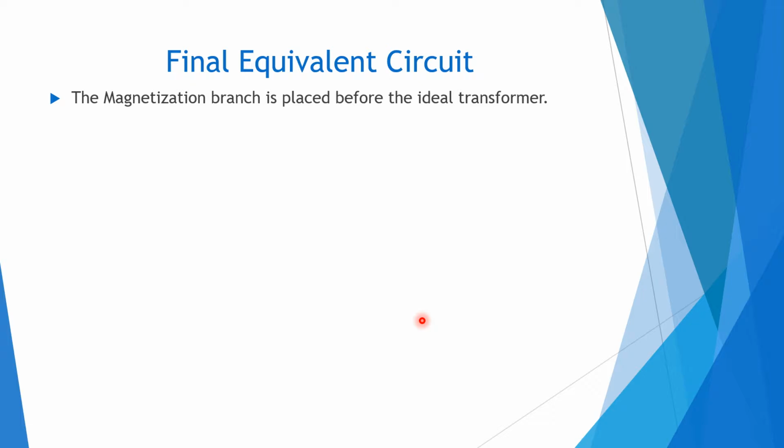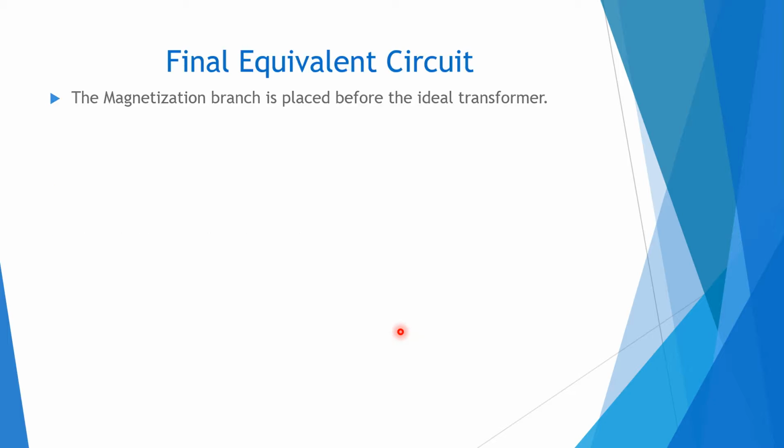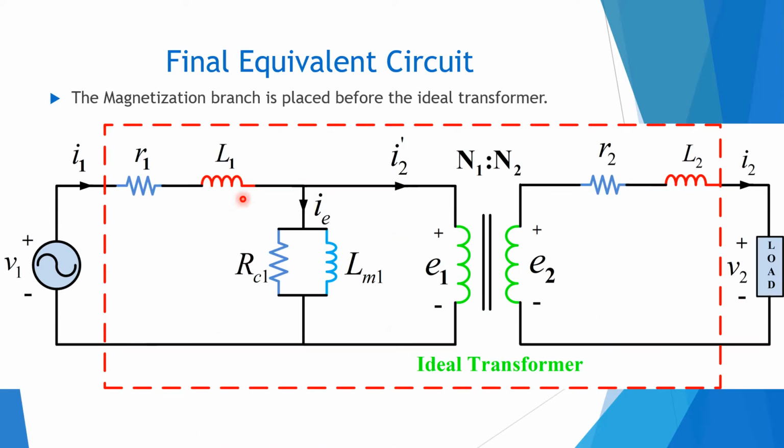To account for the magnetization, I took the difference between the current and the referred current from the secondary side, because this is the referred current from the secondary side, this is the current from the primary side. The ideal transformer would obviously give this referred current of the secondary side, so the difference would flow into the magnetization branch, and so that difference has simply flowed through here.